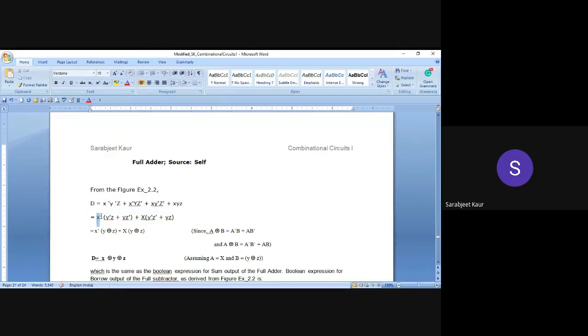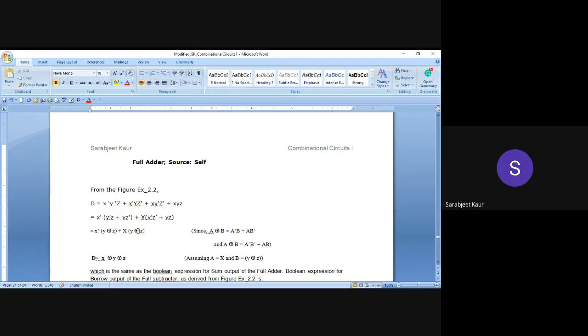And then we had taken x dash common from the first two terms and x common from the last two terms. So what I had was x dash into y XOR z.